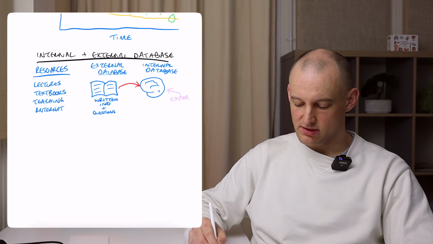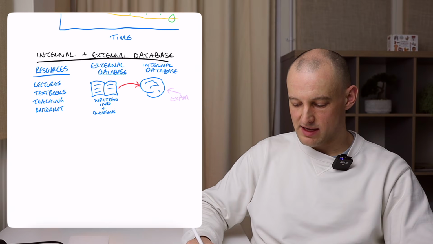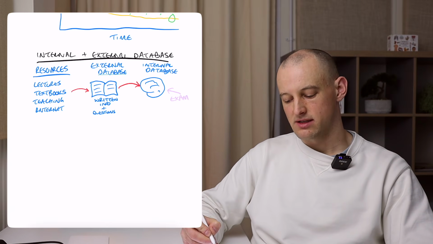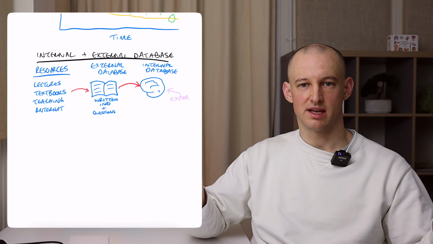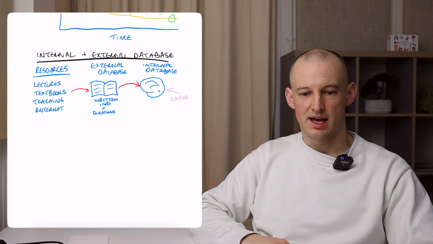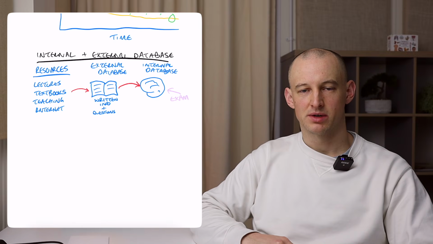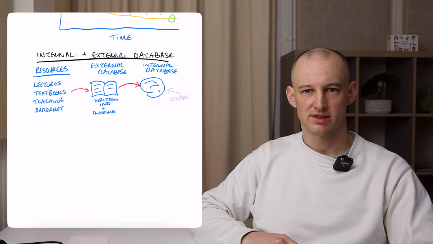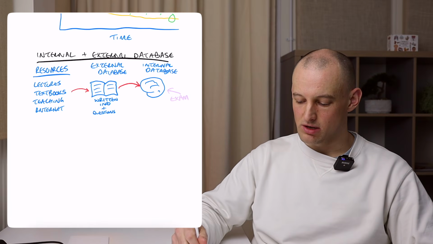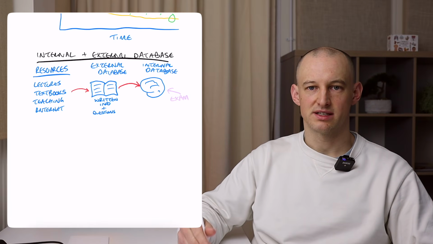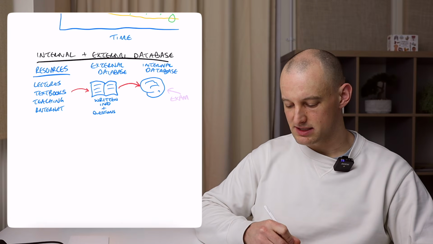And these resources, what you're doing is you're capturing them in one place. If you have 100 different resources that you're trying to learn from, it gets very complicated. What you want to do is have one place, which is the external database, where you capture the information you need to know, and then you use that external database to transfer it to your internal database.